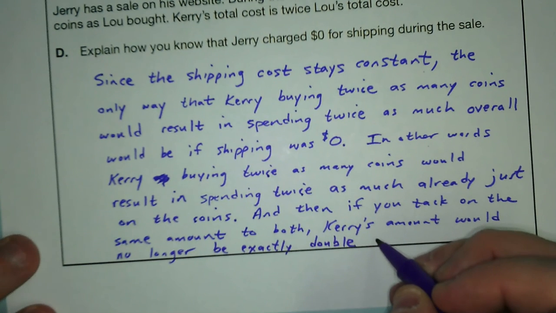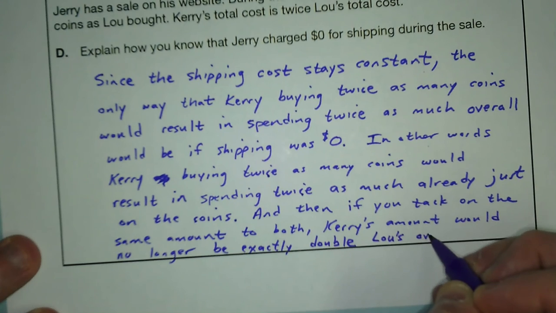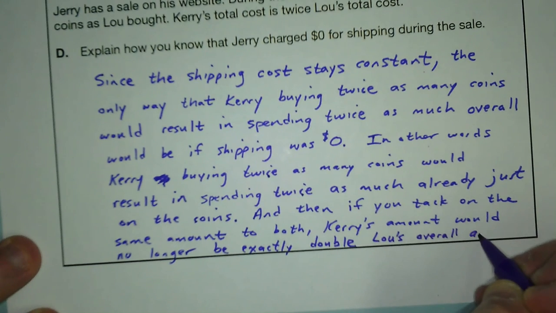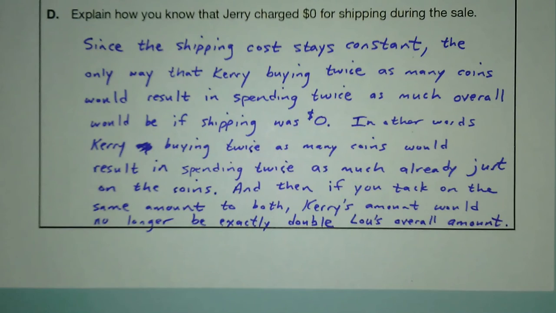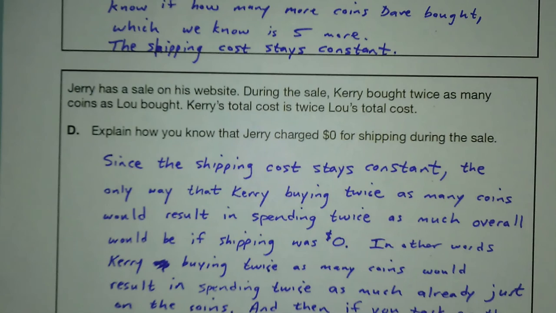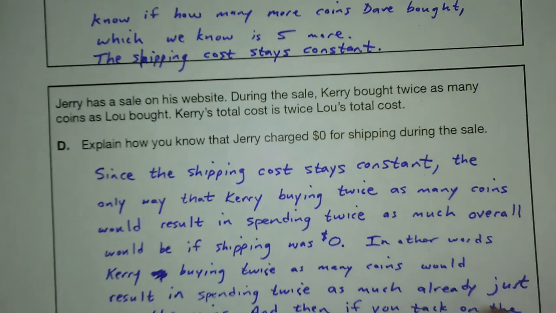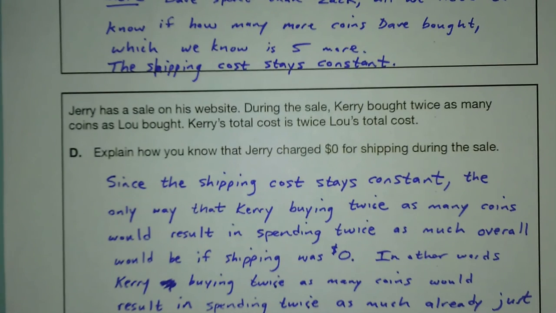Who is this? Lou? Double Lou's overall amount. Again, something like that. But again, you might want to check the PDF file or ask me about this in class, and we can look at the PDF file. Two questions I just was not immediately a fan of here, but I guess that's it for now.